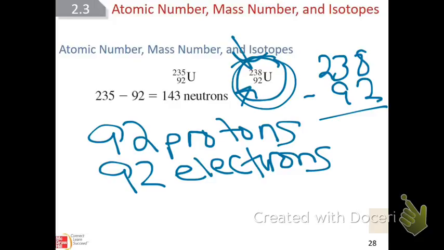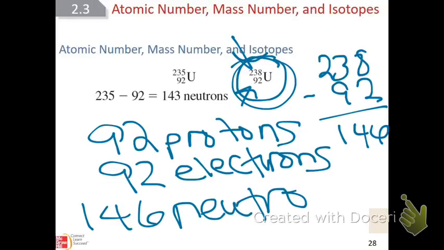So this is uranium-238 would be its name. So there are 146 neutrons in this particular isotope of uranium.